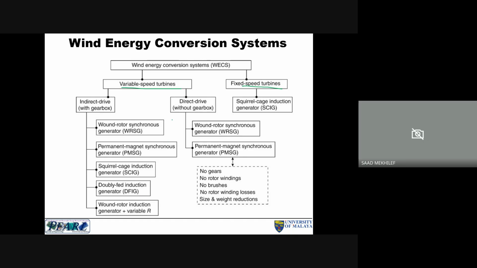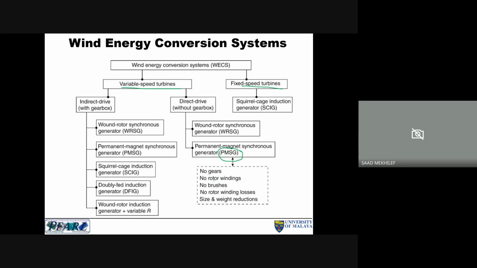We also have direct drive, which is directly without a gearbox. This is quite compact, and there is also less noise. One of the most common is the PMSG, the permanent magnet synchronous generator.